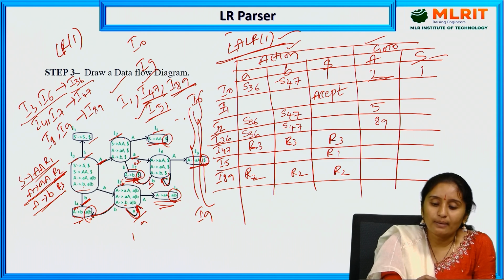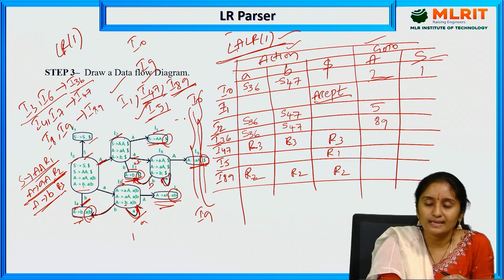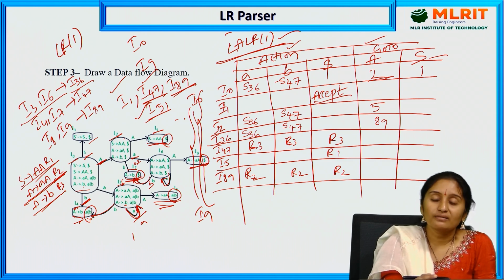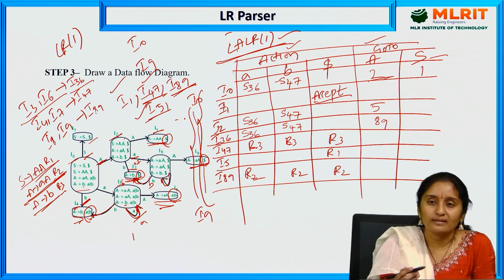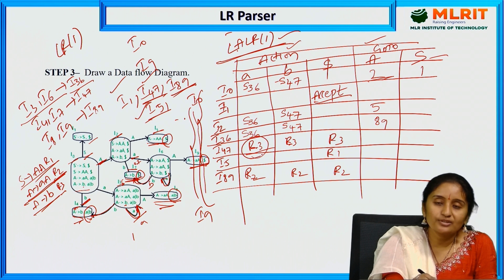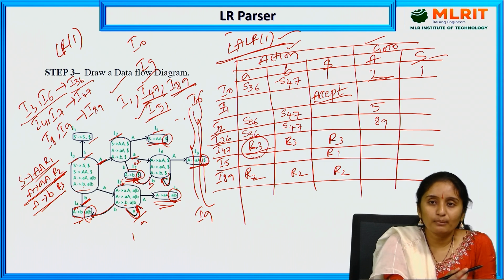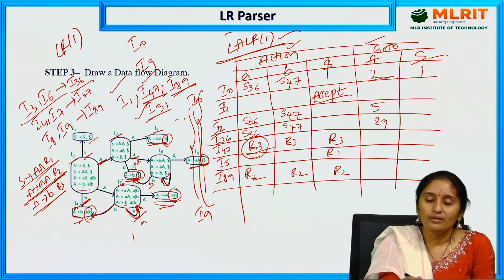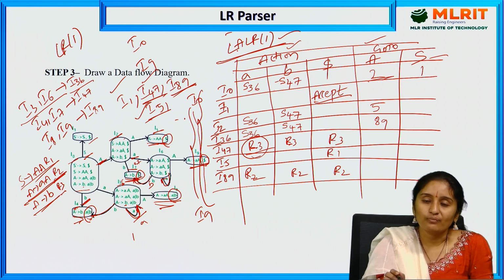Once the given grammar is accepted, we write accept. For the states which are reduced, we use reduce numbers. To write these, first go to the original grammar and give the reduction numbers, then plot them in the LALR(1) parsing table.